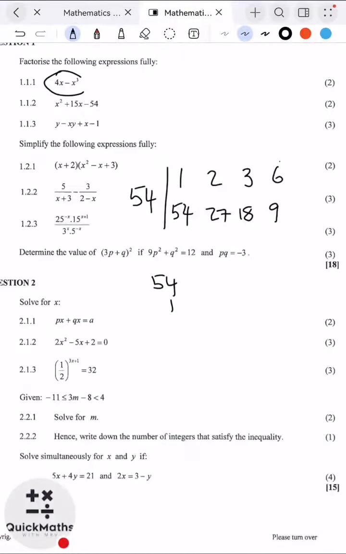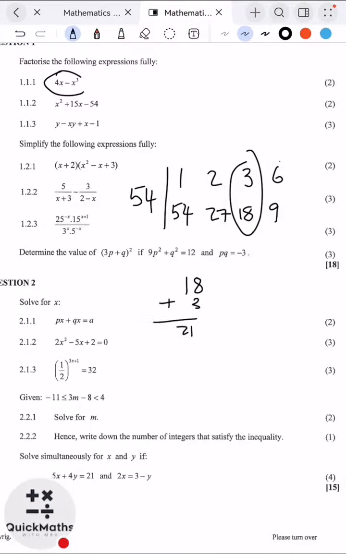If I subtract those two numbers, it's going to give me 53. Far away from the 15, so that first pair won't work. If I look at the second pair, if I add those two values, it's going to be 29. If I subtract, I'll get 25. If I look at the third pair, 18 and 3, if I add this, I get 21.